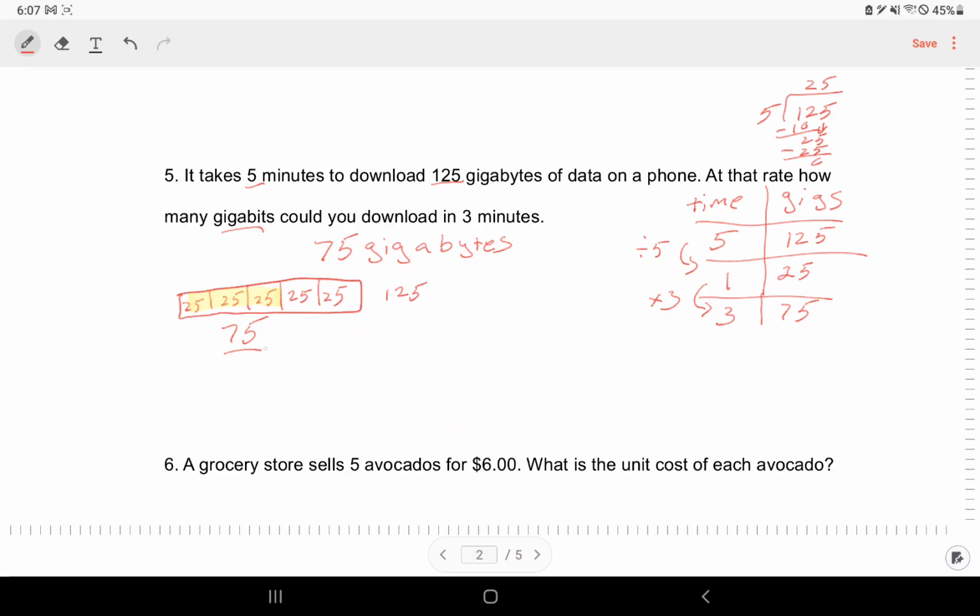And so that's 75. If you do a double number line, time, gigs, 5, 125. Well, divide by 5, you get 1. Divide by 5, you get 25. So that means 2 is 50. 3 is 75.